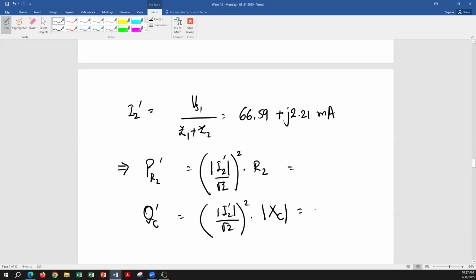So we are using I squared R and I squared X here because we know the current passing through R2 and C.